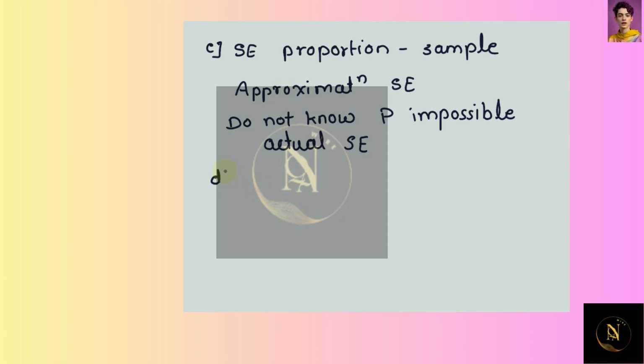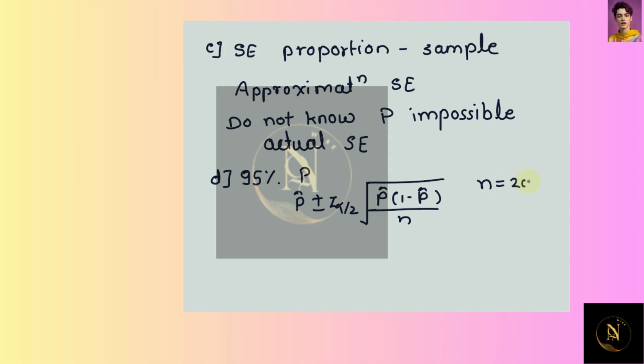Now bit D is finding the 95% confidence interval for proportion P. The formula is P hat plus minus Z alpha by 2 into the square root of P hat into 1 minus P hat upon n. We have n equal to 200, P hat equal to 0.38, and the Z critical value for a 95% confidence interval is 1.96.